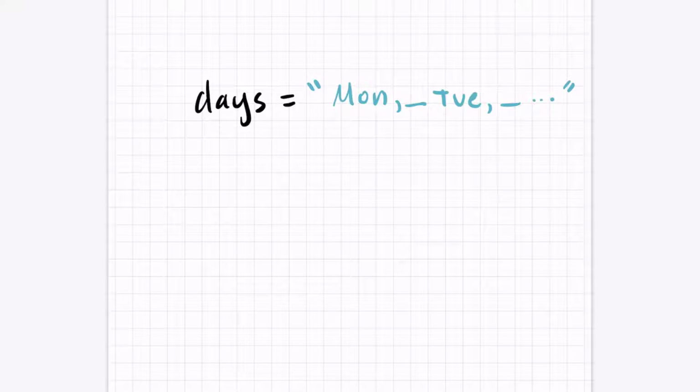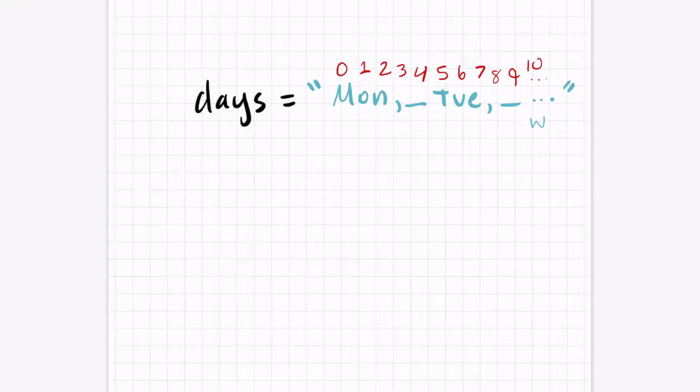How it works is it starts at 0. So M is 0, O is 1, N is 2, 3, space is 4, and then T is 5. Then 6, 7, 8, 9, and so forth. The next one is Wednesday, and that's 10.